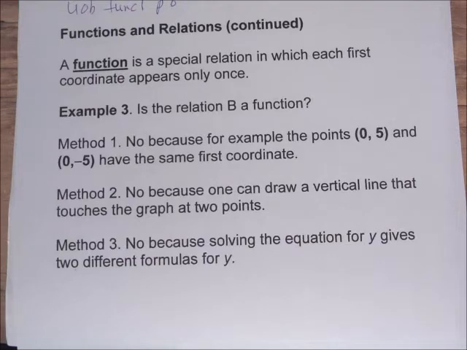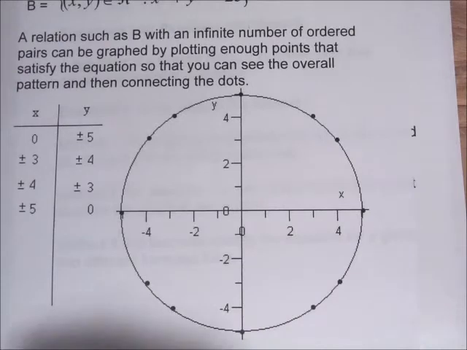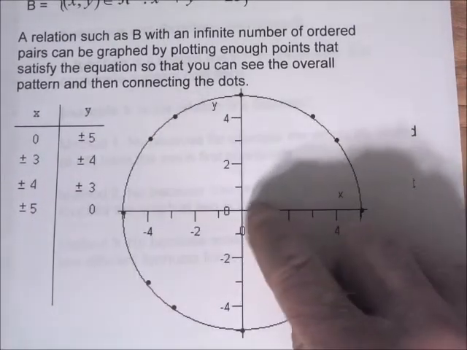So let's look again at the original example that we're looking at, the circle. This is not a function because, for example, if x is 0, y could be either 5 or negative 5, and you can see that on the graph.